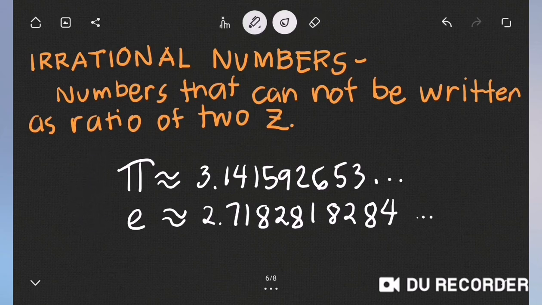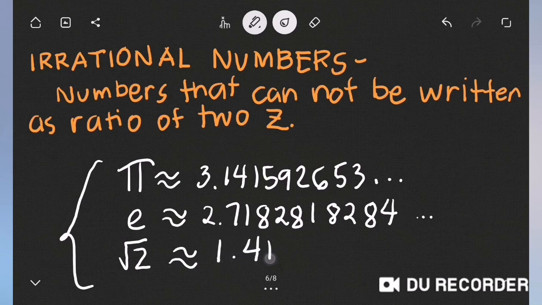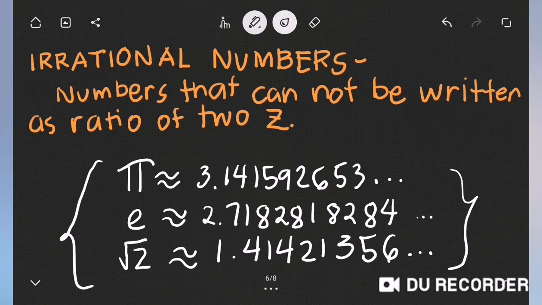Kasi kung mapapansin nyo, meron pa tayong ellipsis sa dulo. That indicates na meron pang mga kasunod yung number. Another one na pwede nating i-consider is the value of square root of 2. This is equal to 1.41421356 and so on. So these are some of the examples of irrational numbers.